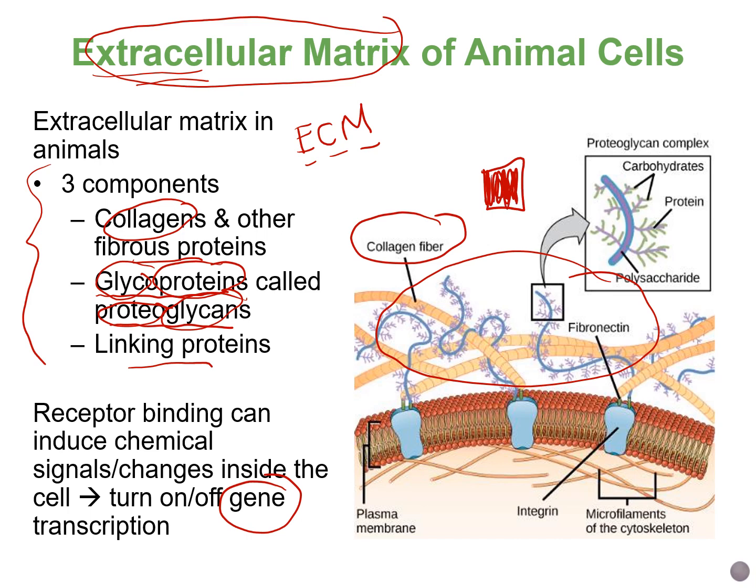It can bind to and change the shape of the extracellular matrix. If these proteins are attached to receptor proteins found on the cell membrane, that can change the shape of the receptor and cause a series of signals to be sent inside of the cell through the cytoplasm and turn certain genes on or off.